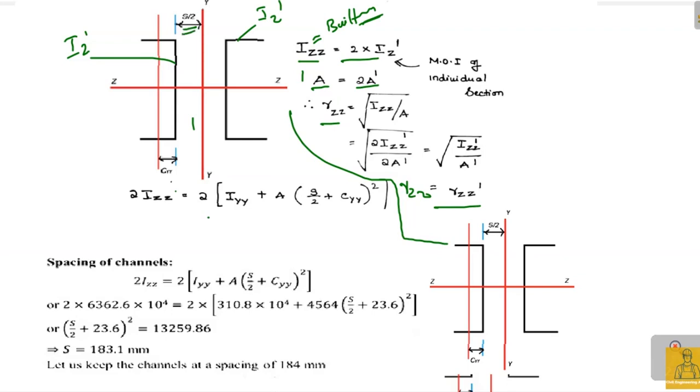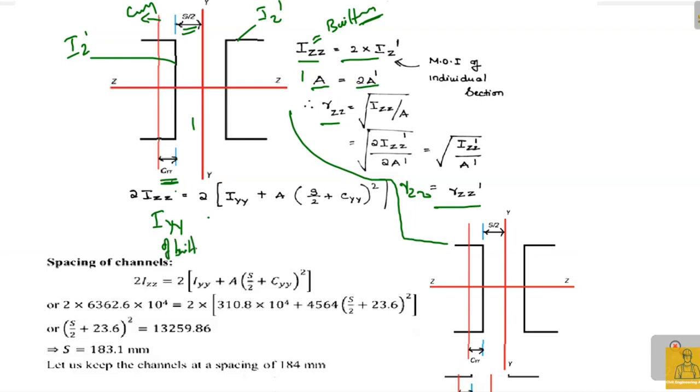And the centroid of this channel section, this red line represents the centroid, and this is CYY. So the total distance between the YY axis and the centroid of each channel section is S by 2 plus CYY.